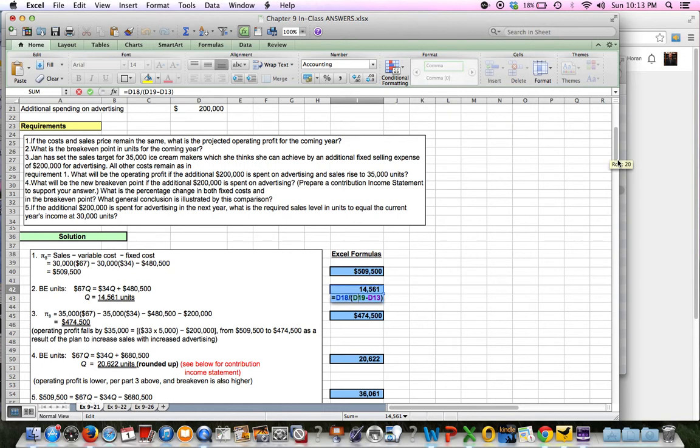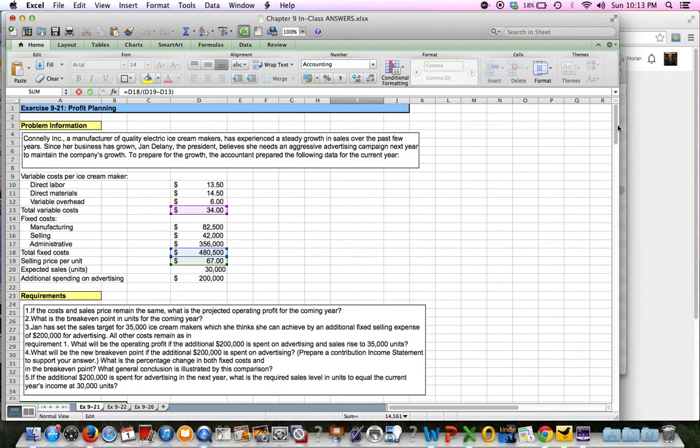D18, let's go up to that. D18, which is my total fixed cost, divided by D19 minus D13, which is my selling price per unit minus my variable cost. So basically, if I know that my fixed costs are $480,500, how many units do I have to sell to cover my fixed cost?